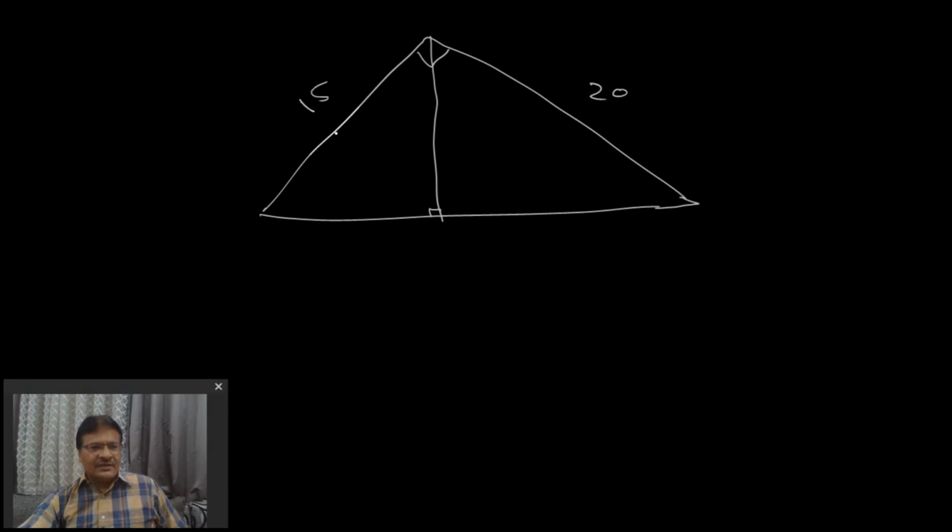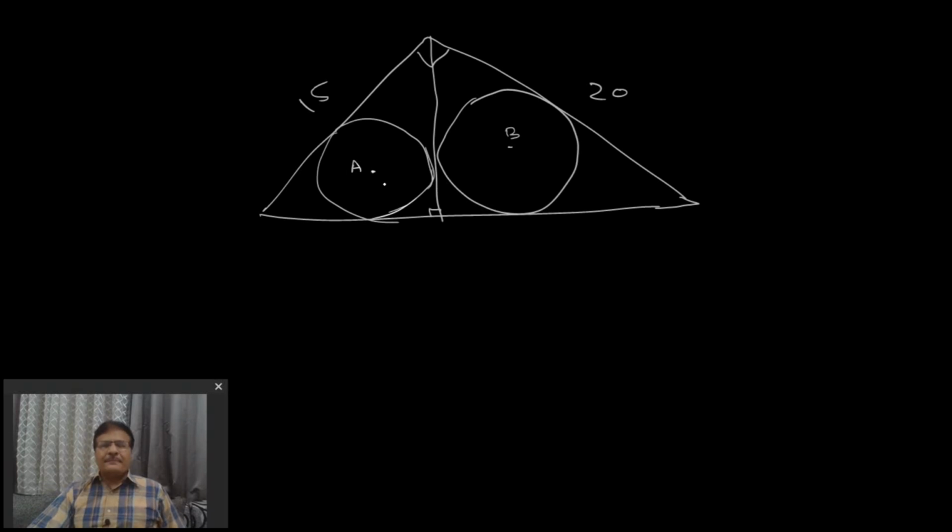And there is one incircle in this triangle. This is one incircle. And there is one more incircle here, in this triangle, this one. Is that clear? Now the question is this: if the center of this circle is A, and if the center of this circle is B, then what is the length AB? I am asking the length AB. Nothing else is given to us. That's it.